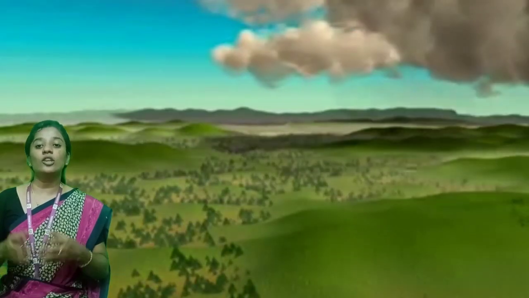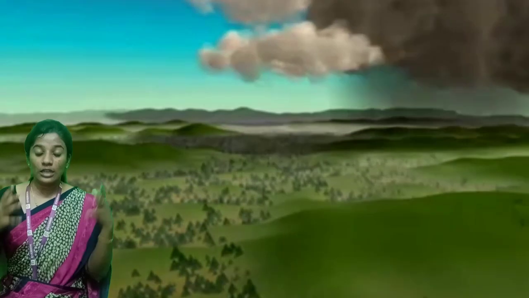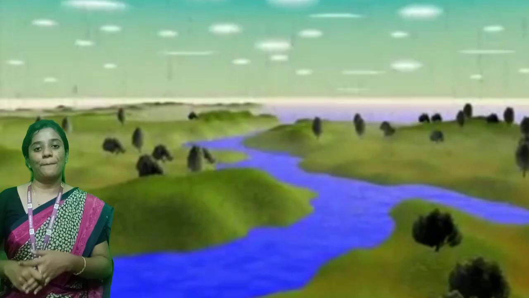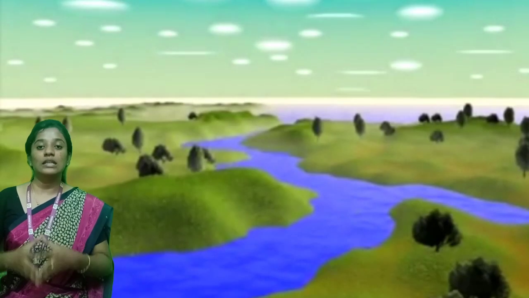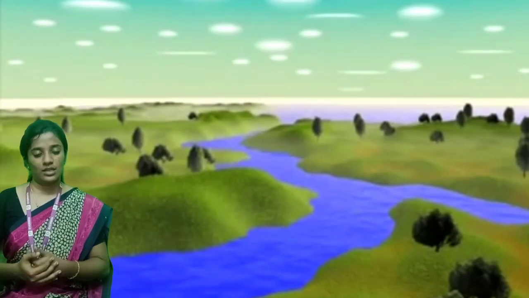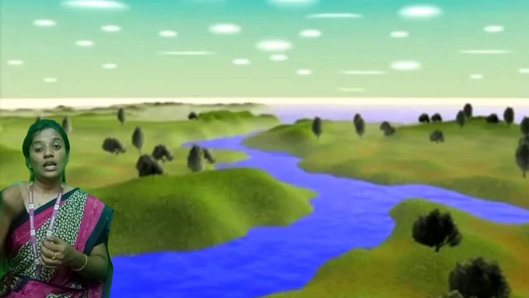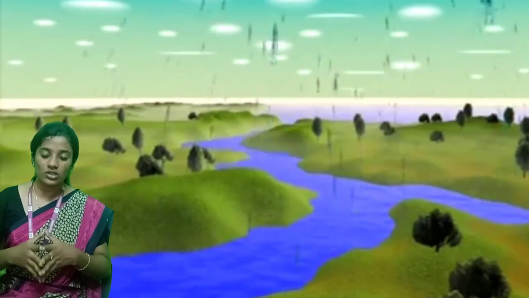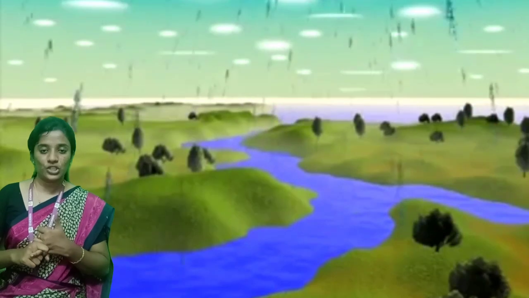So the water goes through different forms of liquid, solid and vapor. Hydrologic cycle is a circulation of water. It is a continuous process. The three important phases of the hydrologic cycle are evapotranspiration, precipitation and runoff.